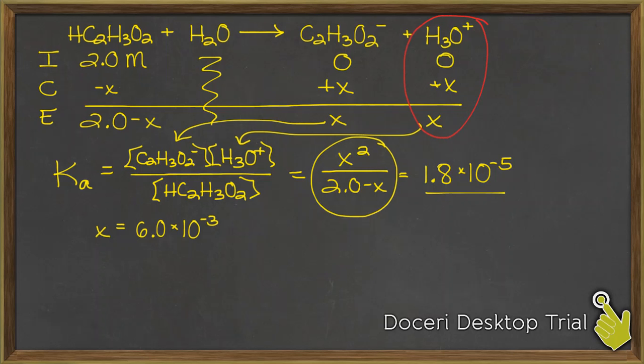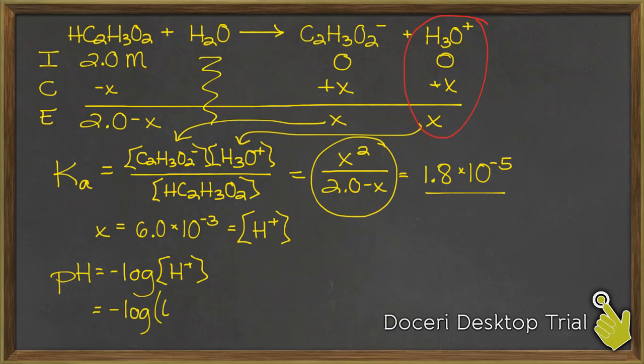I have just found the value of X. And guess what? According to my ICE table here, X is the molarity of H3O+, which is the same thing as H+. So I can now solve for the pH quite easily by using this equation, which is on your equation sheet. Negative log of, and I'm going to put in that value for X.